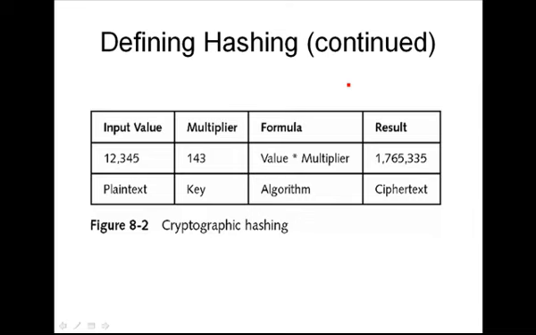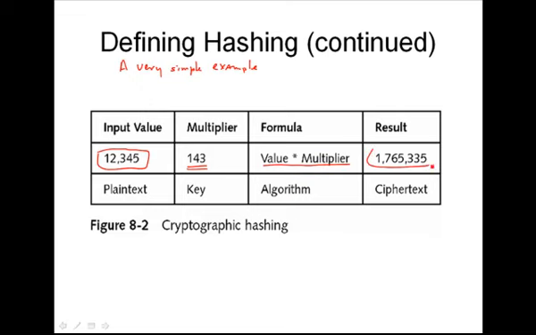Here's a very simple example of hashing. In this case, we take a numeric input. We simply multiply it by something. Our algorithm here is the input value times the multiplier.